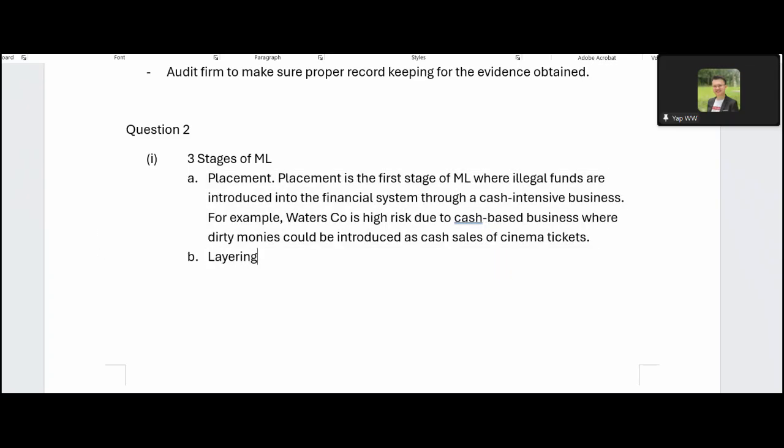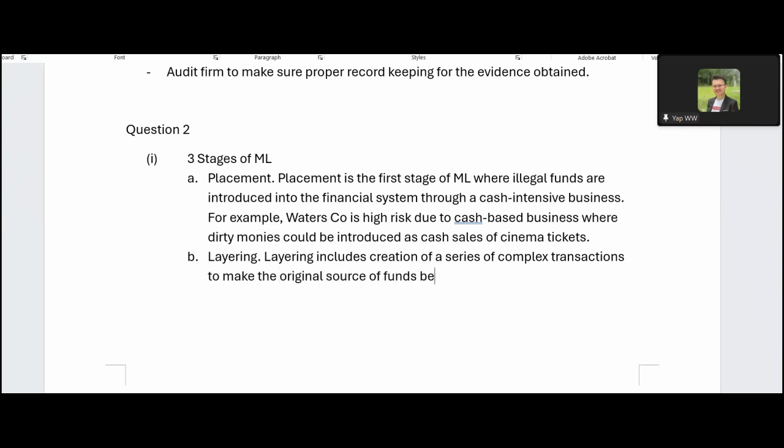The next one will be layering. Okay. Layering includes creation of a series of complex transactions to make the original source of funds become difficult to trace.